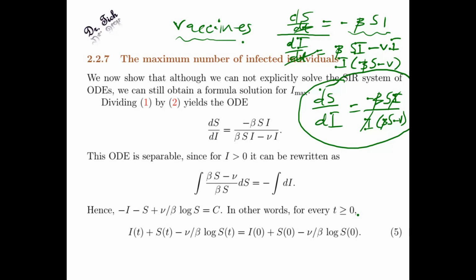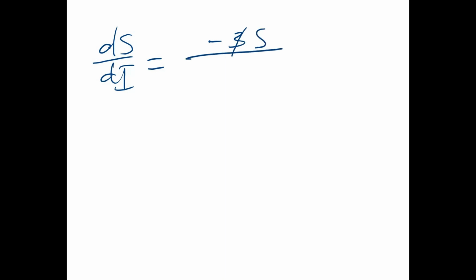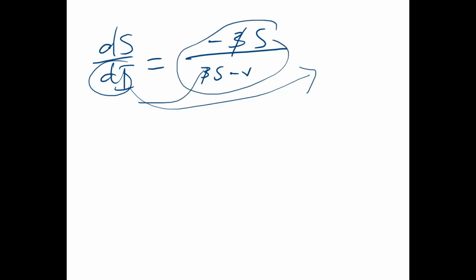So if we do this, what we have is dS/dI is equal to minus beta S over beta S minus v. I didn't really want to dwell on this. To solve this, you can see that you can separate variables and take the I to this side and everything with S to that side.